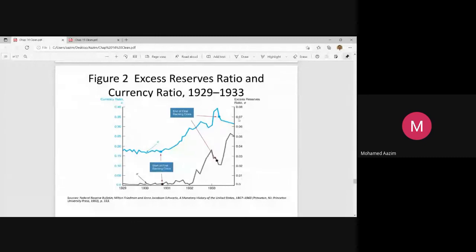Excess reserves, as I have been repeatedly explaining to you, were usually kept at very low levels, closer to zero. But you find these excess reserves significantly increasing during the Great Depression to almost 5% by mid-1933.